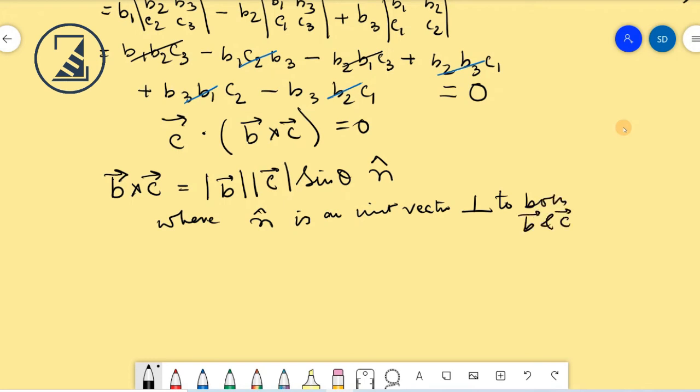I suppose that now when you are seeing this definition, it is making sense why B cross C is written in this way, isn't it?